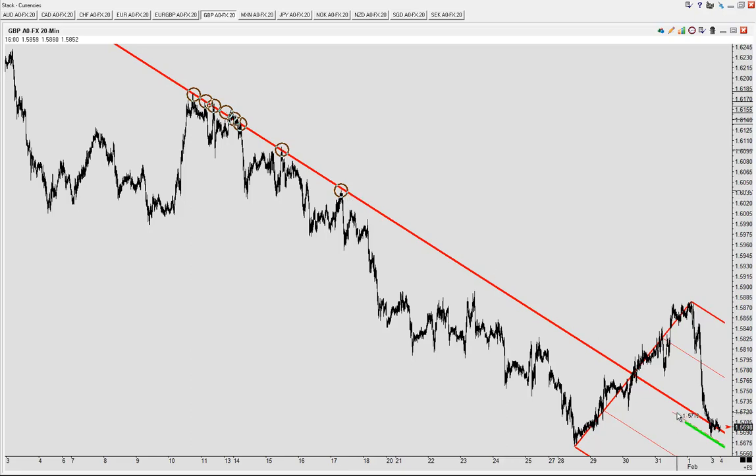Let me get a sliding parallel from within the fork and move it up and see if we've got anything else. Look at this. Can you see how, and there's probably another one. Look at this one here. And bear in mind, I'm not looking for surgical pip precision. I'm not looking for something to touch to the pip or I ignore it.